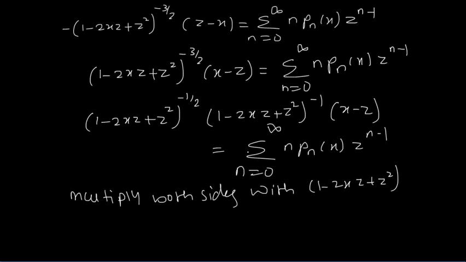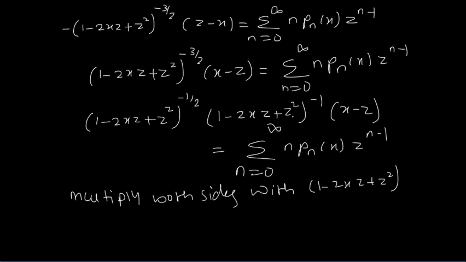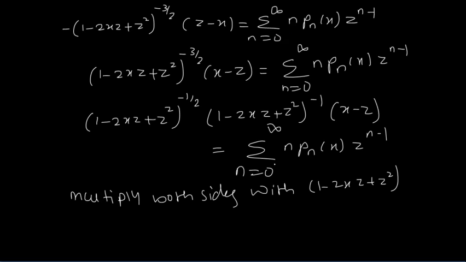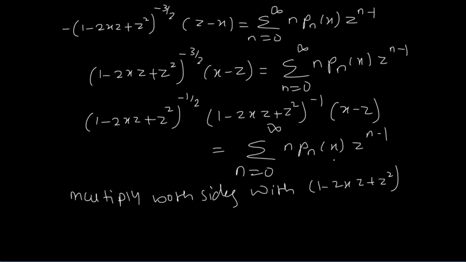So we get 1 minus 2xz plus z square raised to minus 1 by 2 into x minus z equal to, now here this is multiplied, 1 minus 2xz plus z square, summation from n is equal to 0 to infinity n into Pn of x into z raised to n minus 1, right? So this is when you multiply this with this.